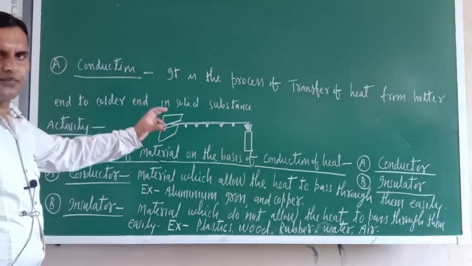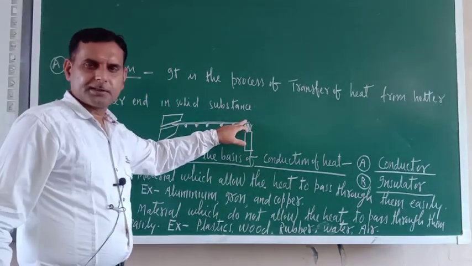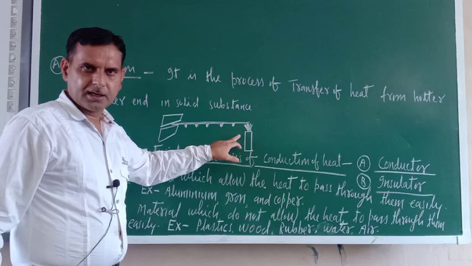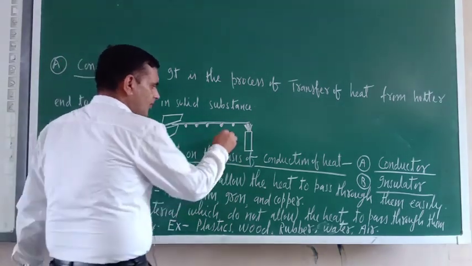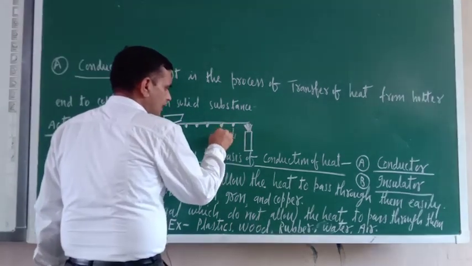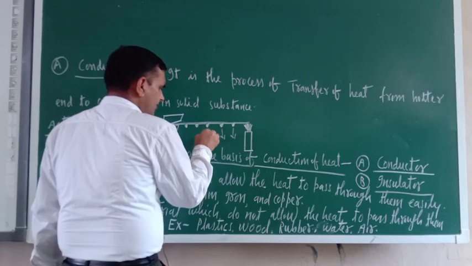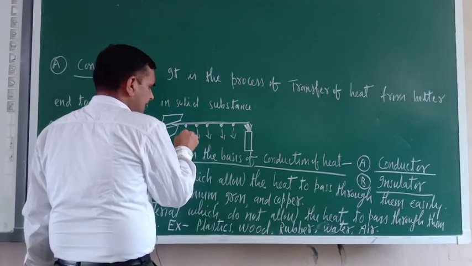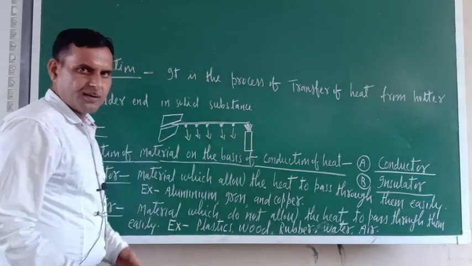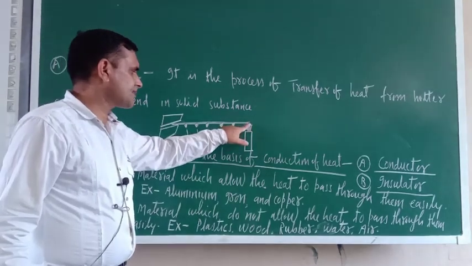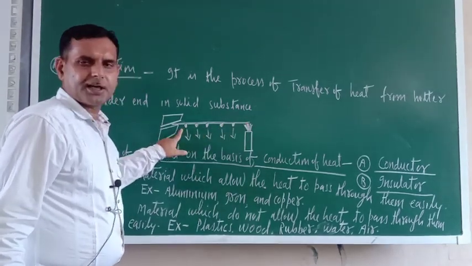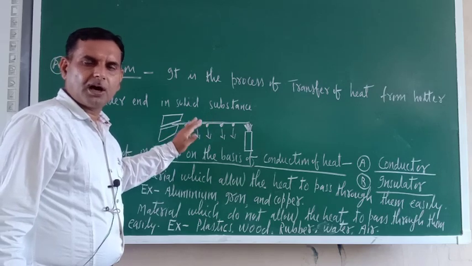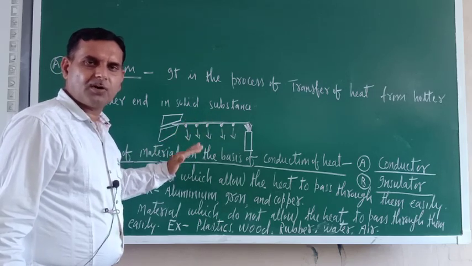Now just try to understand. You are heating here with the burning candle, and after some time what will you see? One by one these drops of wax get melted and fall down, meaning heat has transferred from here to here. One by one all the drops of wax will fall down.